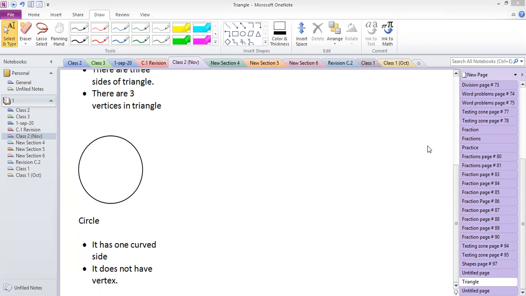Yes. Yes, very good. Can you give me some example of a circle? I don't have a sheet.